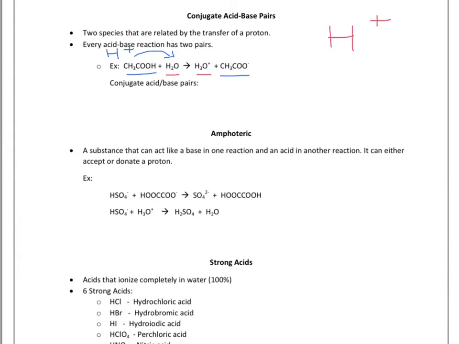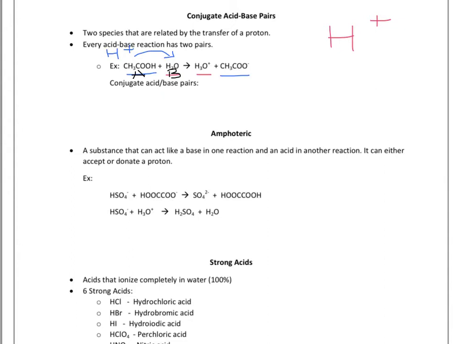So again, acetic acid in this case was the acid since it gave away the hydrogen, and water is the base since it accepted the hydrogen. This is all according to the Bronsted-Lowry definitions. Now, looking at the products, we have the hydronium ion and CH3COO-.